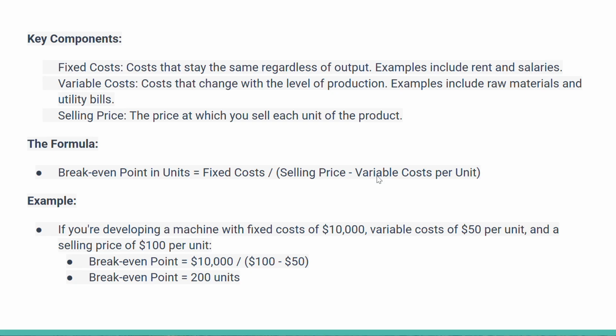So the formula: break even point in units equals fixed cost upon selling price minus variable cost per unit. So this is the formula for that. Next is an example.